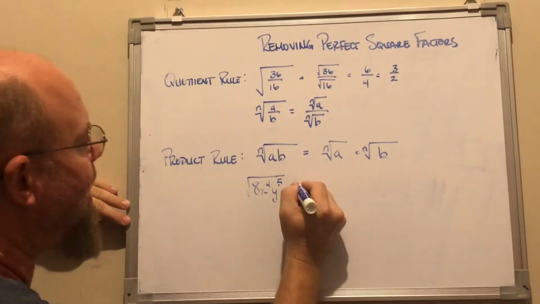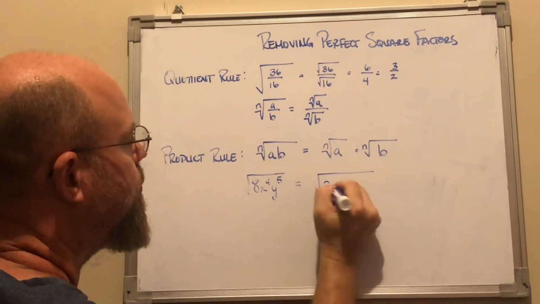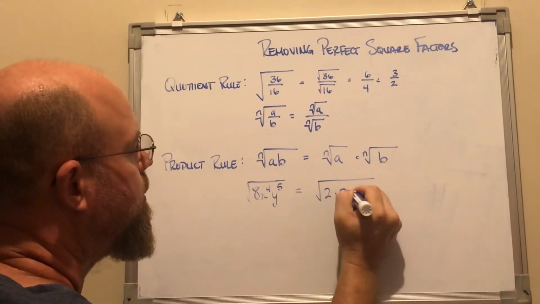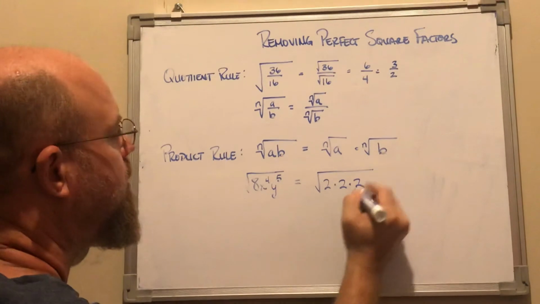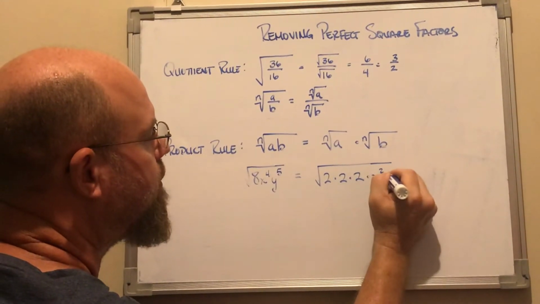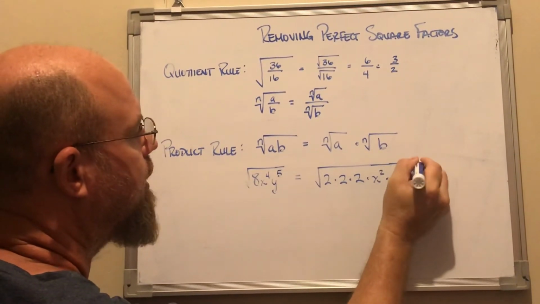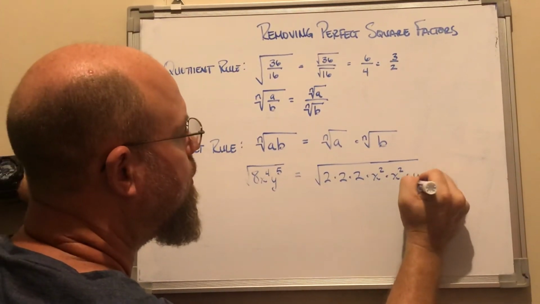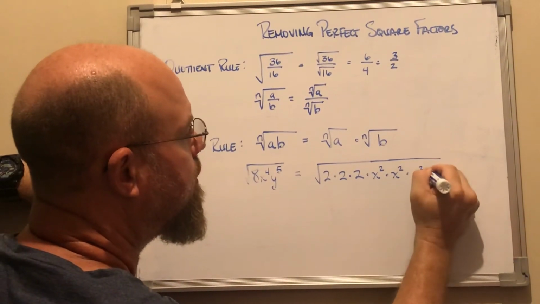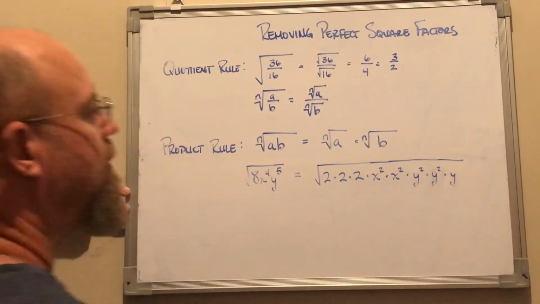So if we prime factor that, we would have 2 times 2 times 2 times x squared times x squared, right, times y squared times y squared times y, right?